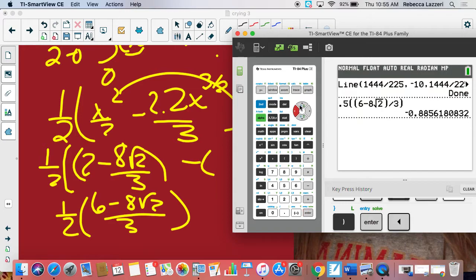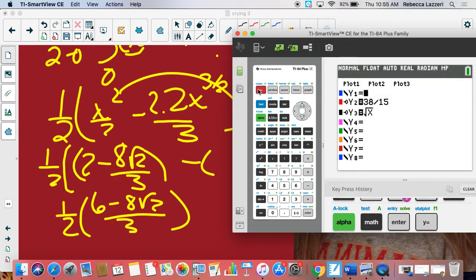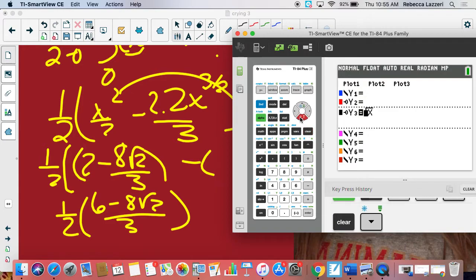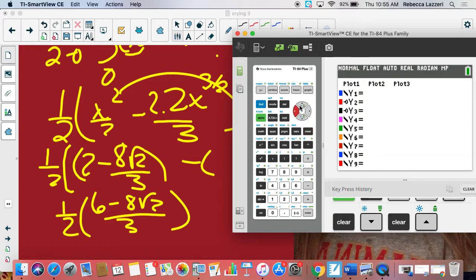I'm gonna hit store, and I'm gonna store it for A. Don't ever store anything for S. Alright, so then we go to Y. It matters a lot more on the TI-89 than on the 84, but I would store it for something else.